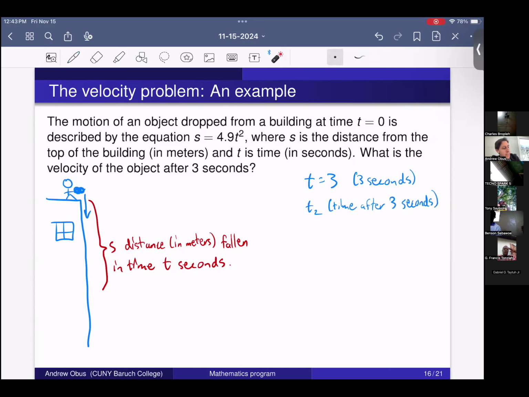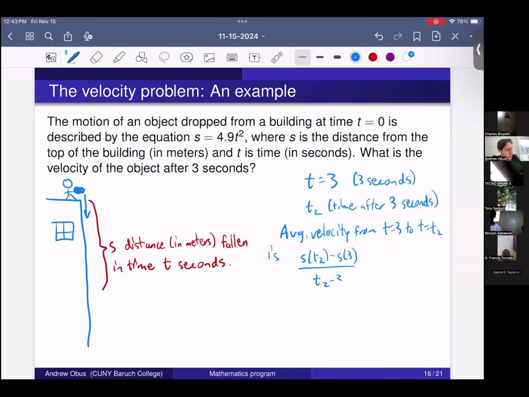So we can take the average velocity from t equals 3 to t equals t2, which is exactly this difference quotient. It's going to be s of t2 minus s of 3, divided by t2 minus 3.